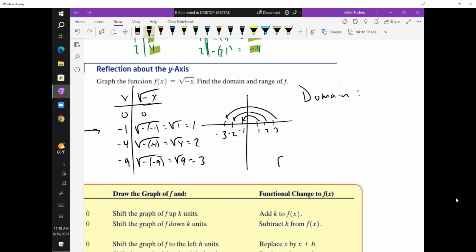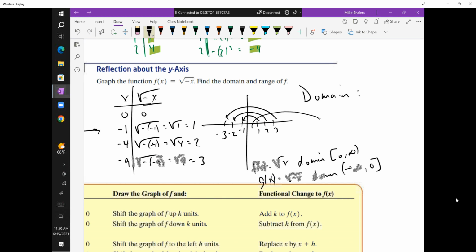If I let f of x equal the square root of x, my domain has to go from 0 out to infinity. But now, let's call this g of x just to change it up. If I've got the square root of negative x, my domain reverses and it goes from negative infinity up to 0 because I'm reflecting over those y values.